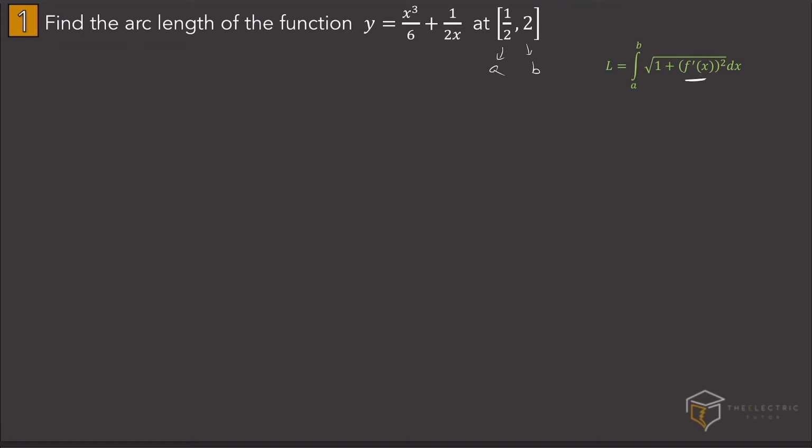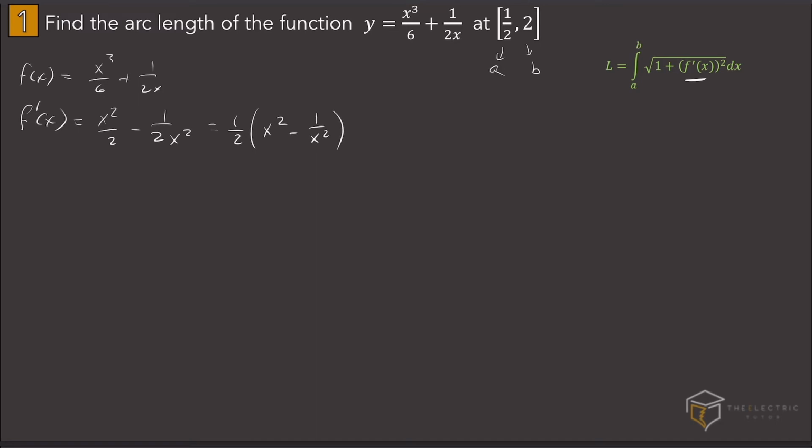So that would be my step 1. f of x is x cubed over 6 plus 1 over 2x. f prime is then going to be x squared over 2 minus 1 over 2x squared. And I see two 2's in the denominator, so I'm going to factor that out just in case I need it later.